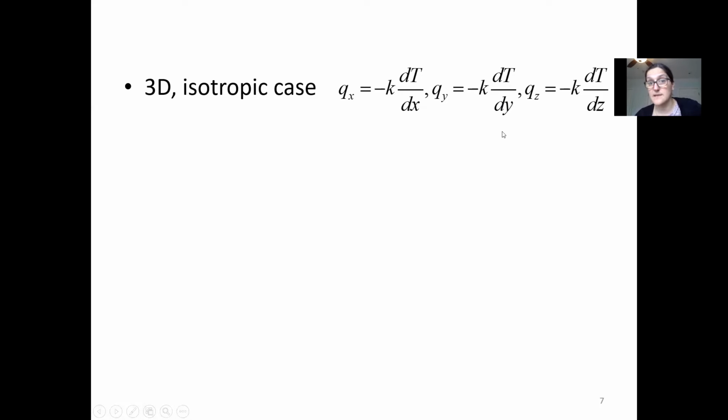When I put that together as a vector, I can recognize that dT/dx, dT/dy, dT/dz are components of the gradient of T in Cartesian coordinate system, and these are my x, y, and z components of flux. So flux is a vector, and it's proportional to the gradient of T. This is a much simpler relationship than the one we had for momentum transport, because in momentum transport we had differences in velocity.